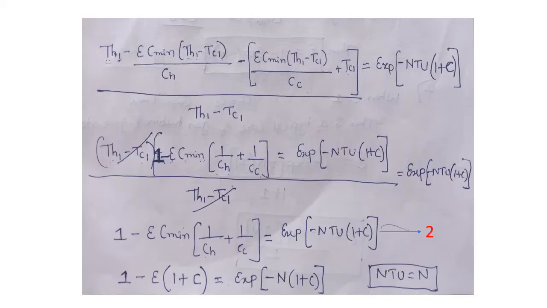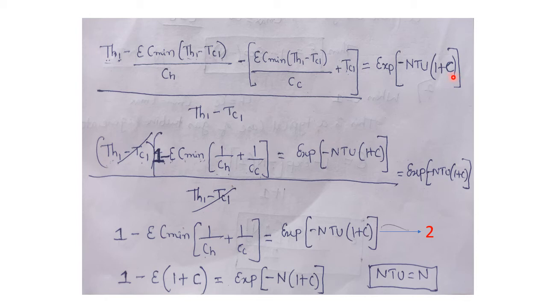Now let us substitute the values of TH2 and TC2 in equation 1. That is (TH2 minus TC2) divided by (TH1 minus TC1), which will be equal to exponential of minus NTU, where NTU is U into A divided by C minimum, times (1 plus C minimum divided by C maximum), which is the capacity ratio.